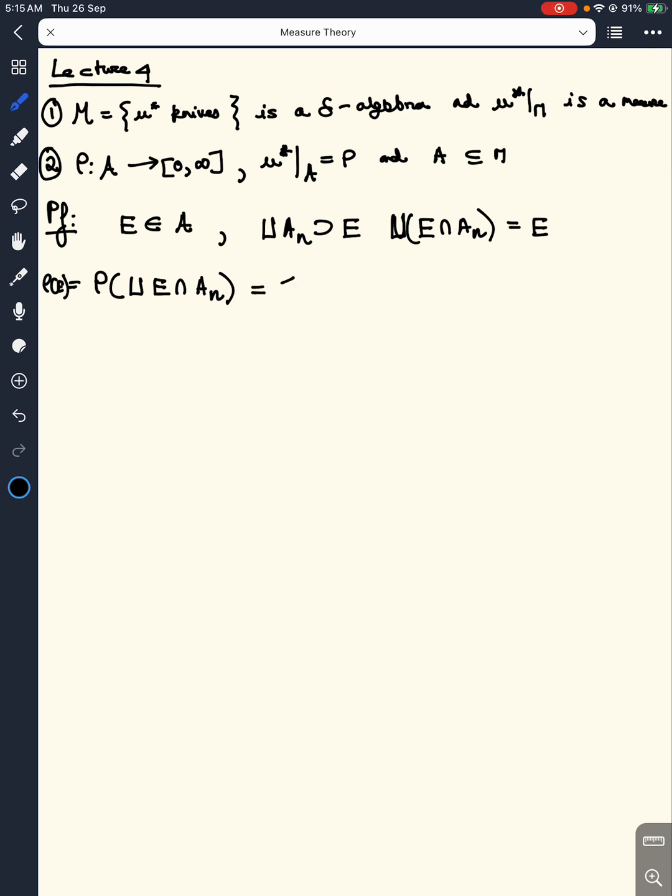is the summation of rho of E intersection A_n. Why? Because rho is a pre-measure.